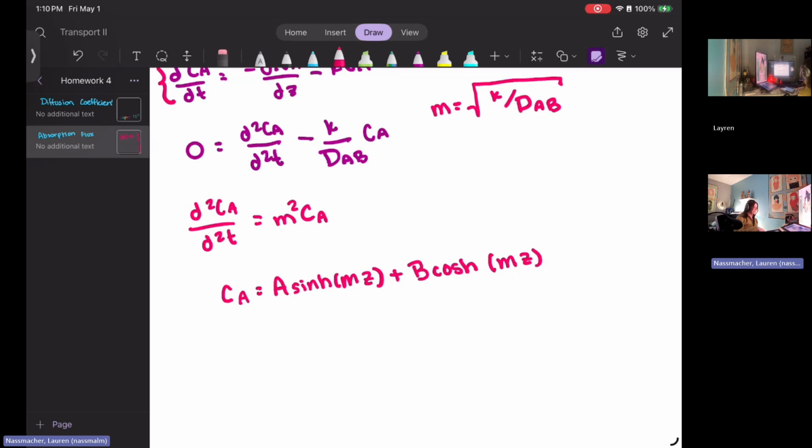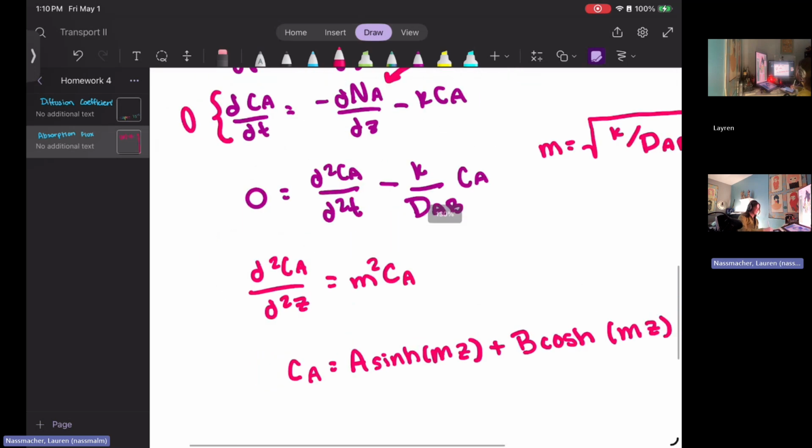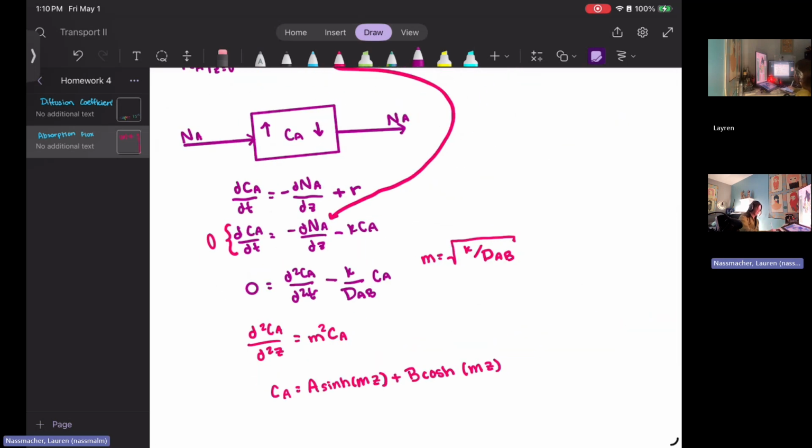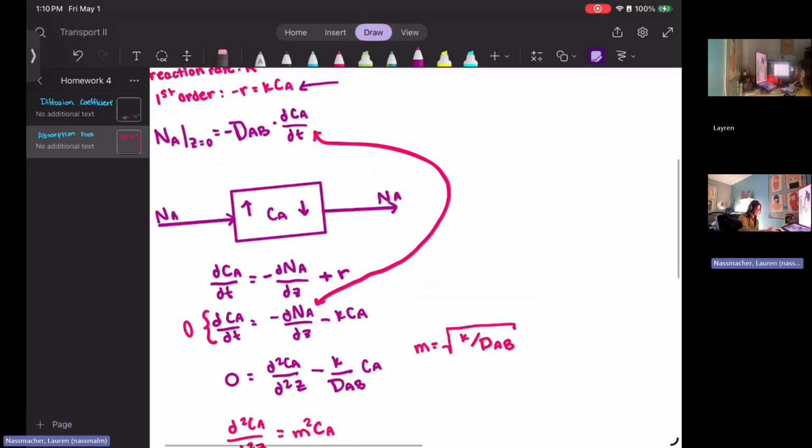And it's z because I did not switch that after I substituted in Fick's law. See, this should be z, and this should be z as well.